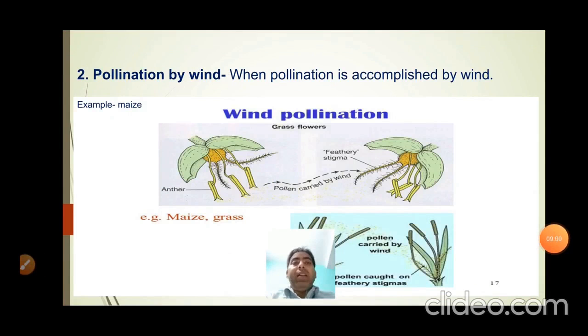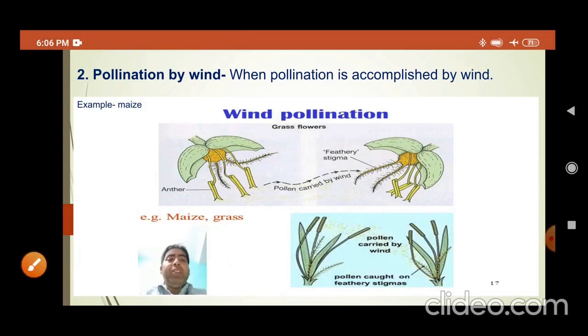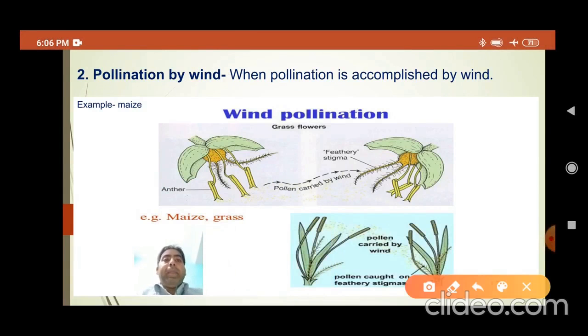The second one is pollination by wind. When the pollen grains mature, the anther breaks open to release them. Now the pollen grains are ready to be released.